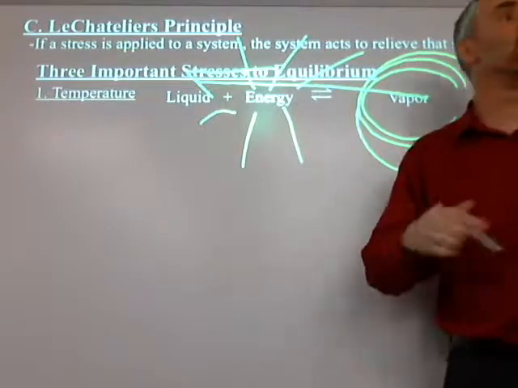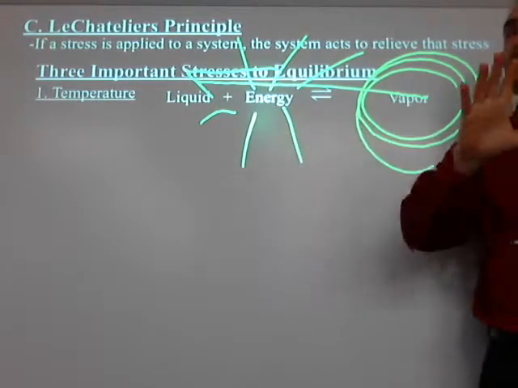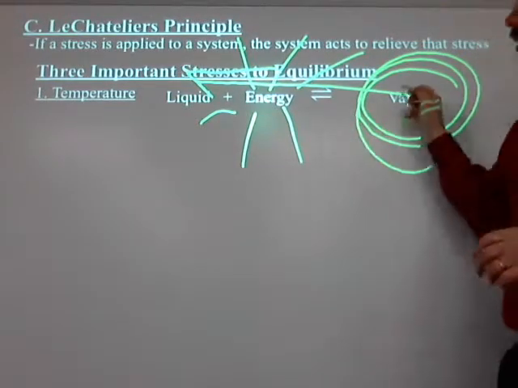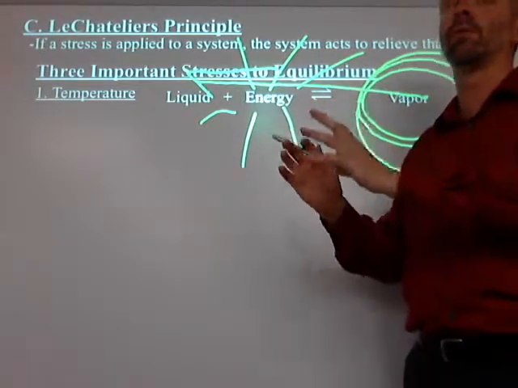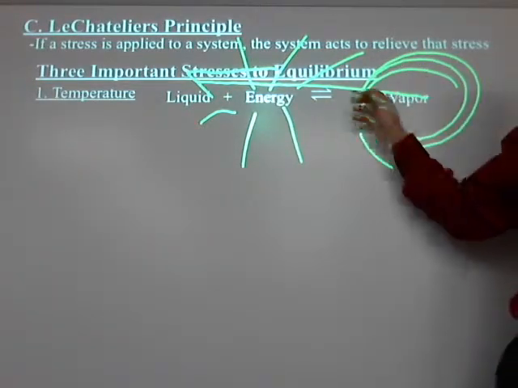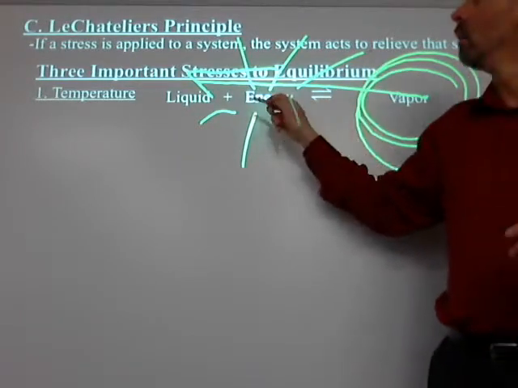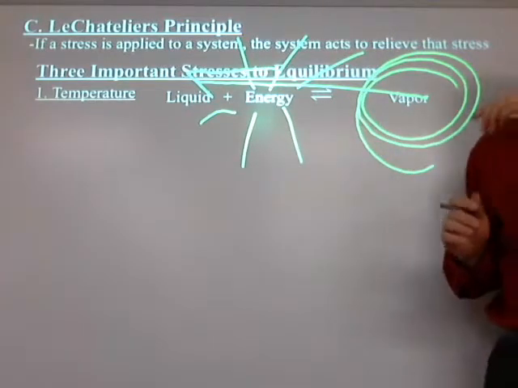You are being burned in multiple ways when you get burned by steam, that you're not being burned by just hot air. That liquid water is condensing on your skin and giving off energy. So you're being burned by what's called the heat of vaporization of the liquid. And water has a high heat of vaporization, by the way. All that energy is being given off to your skin. You're being burned by that, as well as another problem.